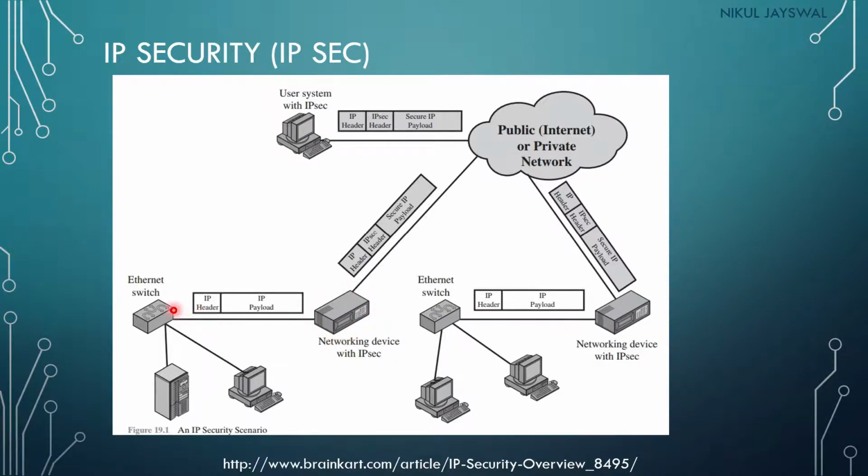The packet will come to this device, it will add the IPsec header, this whole payload will be encrypted, and it will send it to the public network. Since the whole payload is encrypted, any attacker or malicious actor will not be able to identify the information stored in this payload. So this is how IPsec will work.